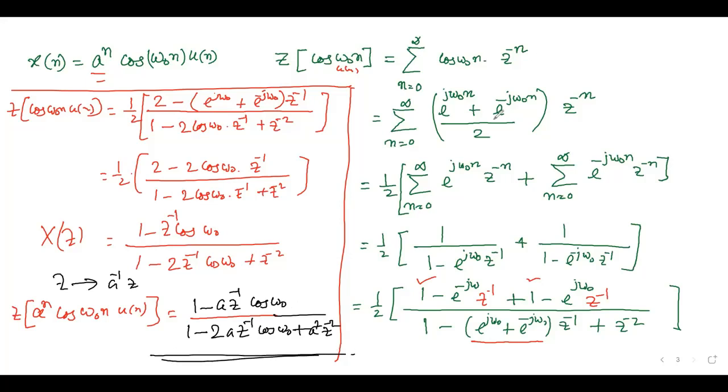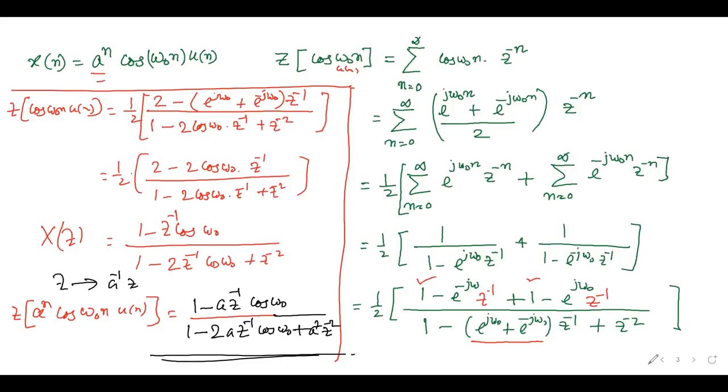Or you can put it here directly. So using this property you can find the transforms. For example, one homework: find the z transform of xn equal to 0.3 to the power n cos omega 0 n.